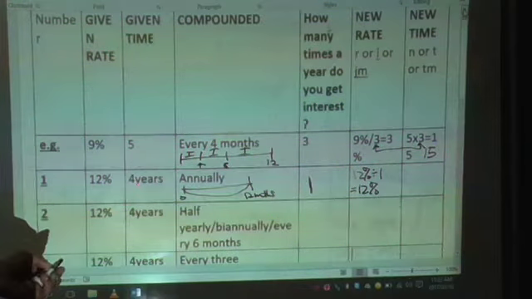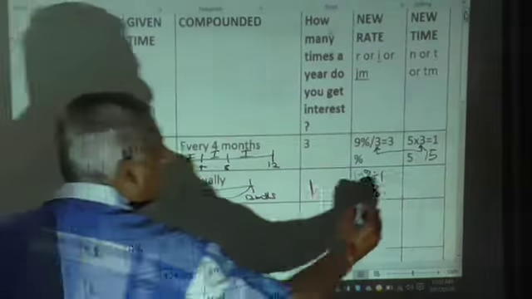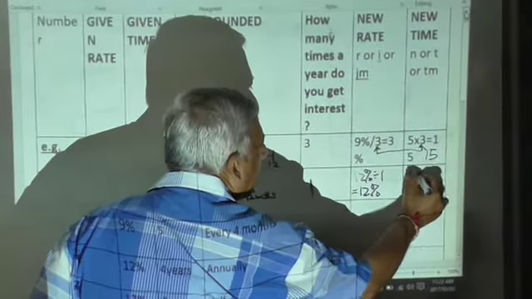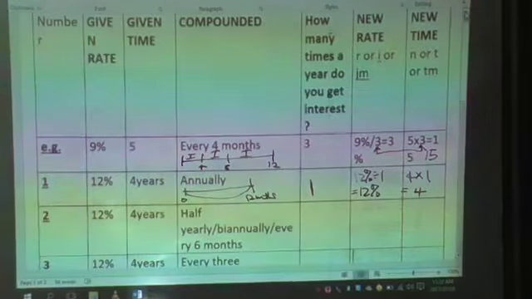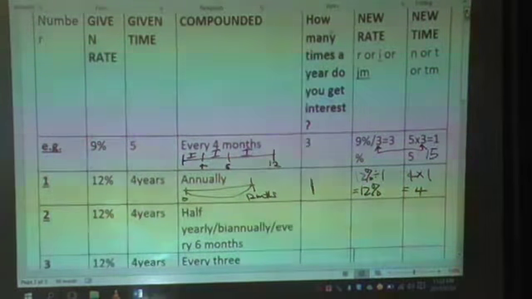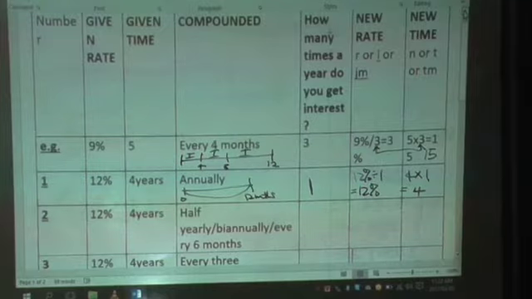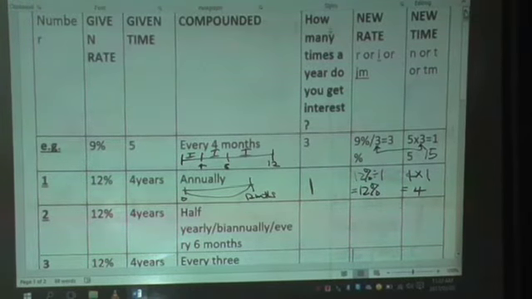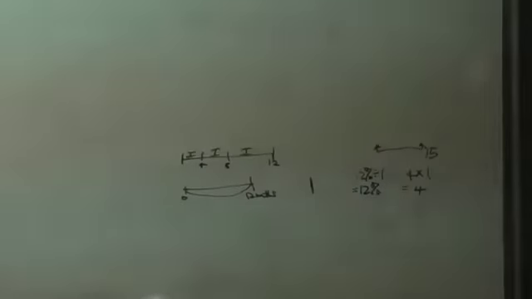The time is 4 years. We take the 4, we multiply it by 1. And the final answer is 4. So I want you to follow this very carefully. If it's annually, it is 1. 12 divided by 1 is 12. 4 times 1 is 4. So you will use 12% and you will use 4 in your formula.